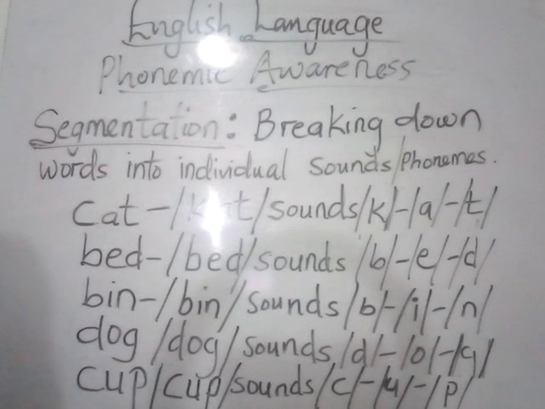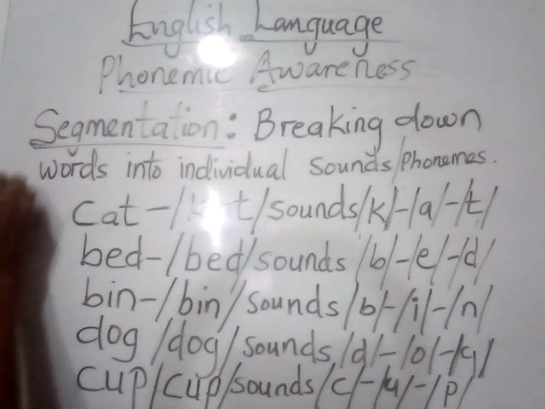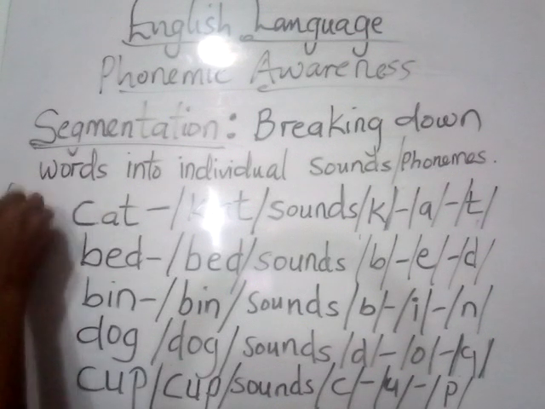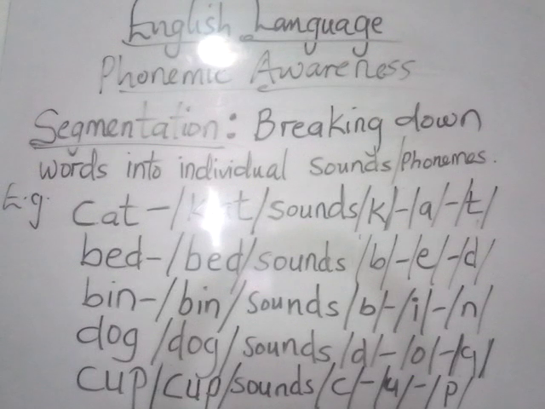And segmentation, like I mentioned earlier, simply means the breaking down of words into their individual phonemes, or into their individual sounds. So we're going to take some examples for a better understanding of what segmentation is all about.